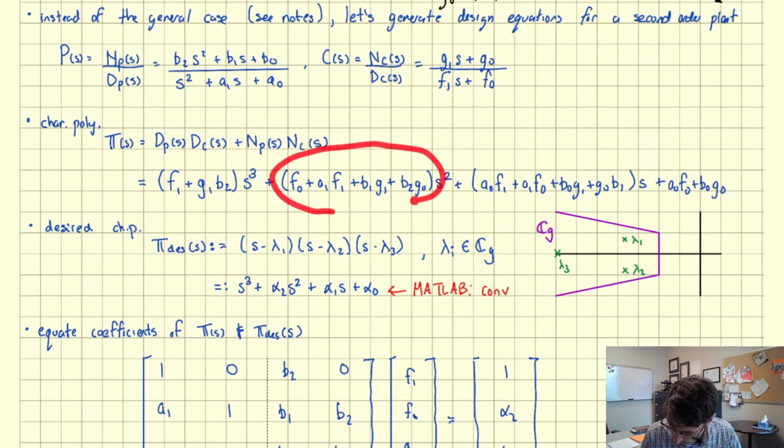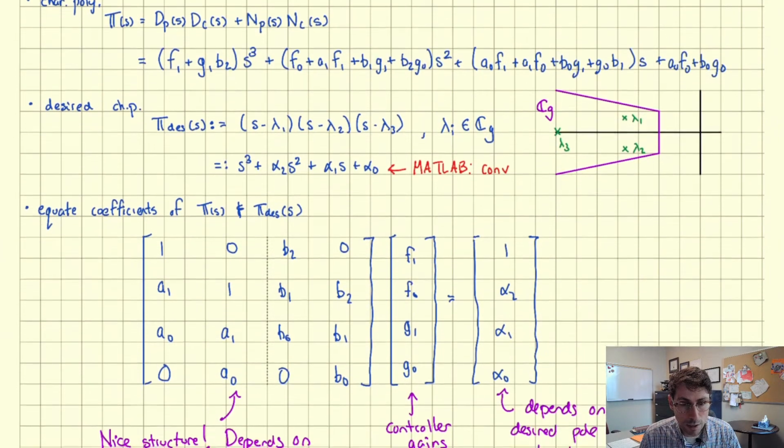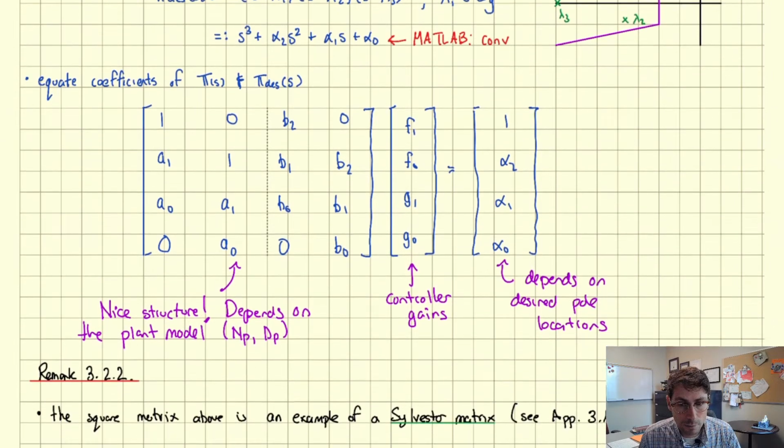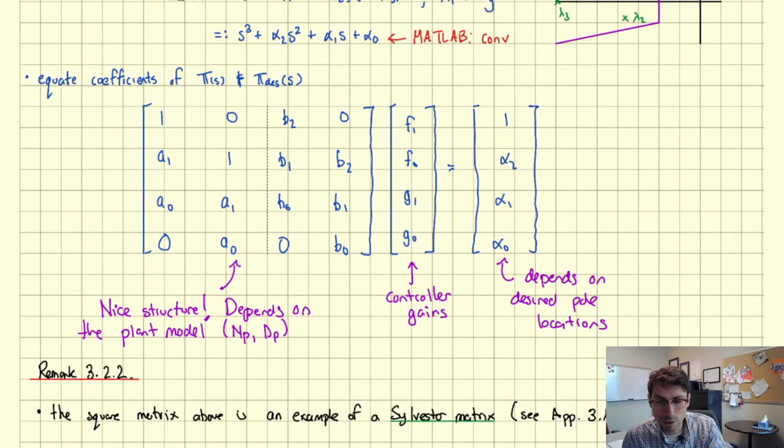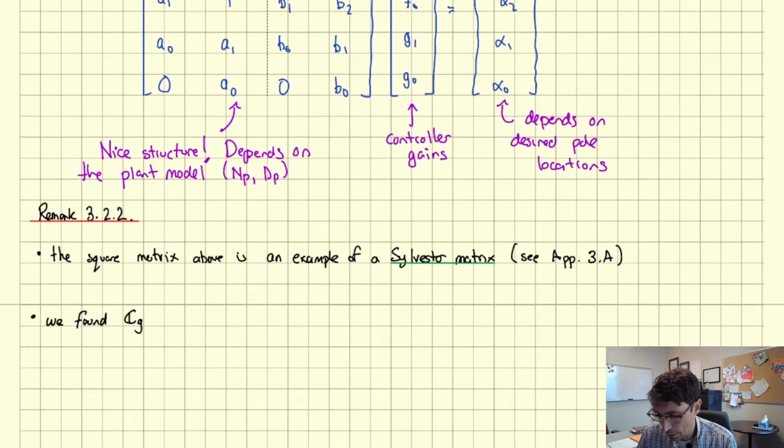The coefficient on s squared has to equal alpha 2. The coefficient on s has to equal alpha 1, and so on. And when we do that, you get this equation. Right? And so again, if I solve that equation, plug those gains into my controller, the resulting closed loop system will have characteristic polynomial equal to the desired characteristic polynomial. And so hopefully we'll meet the specs. And that's what I'm talking about now.